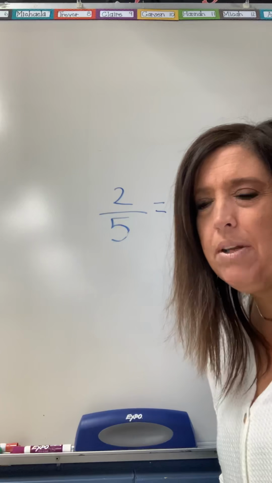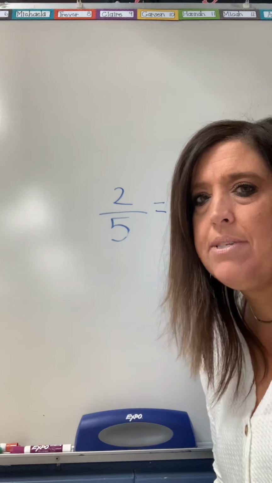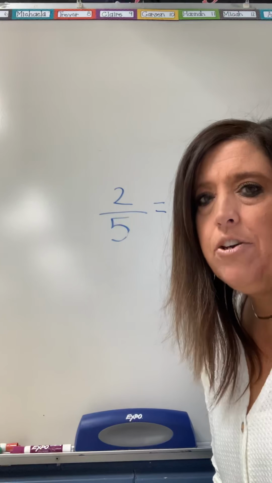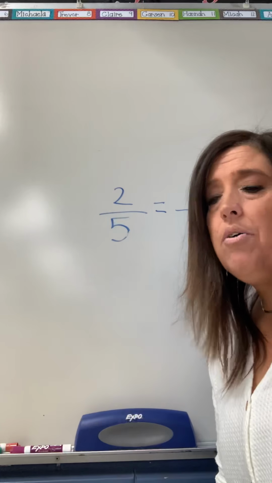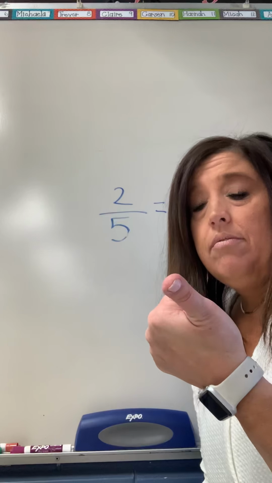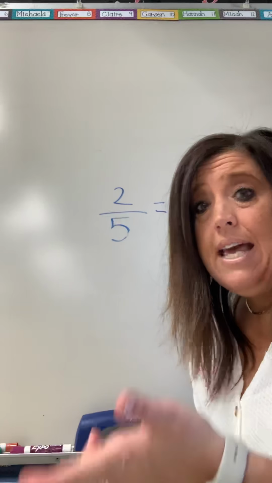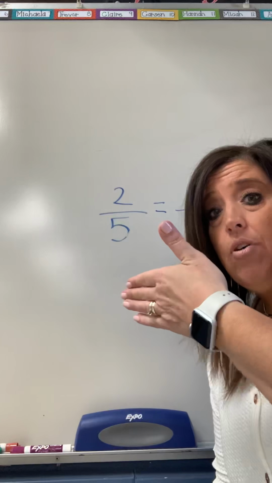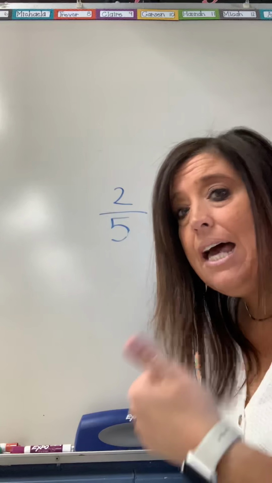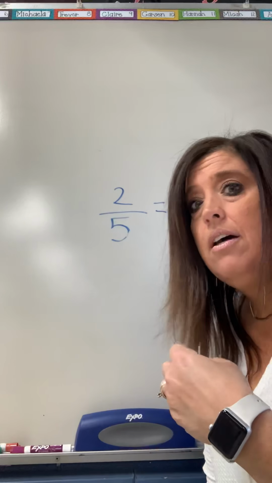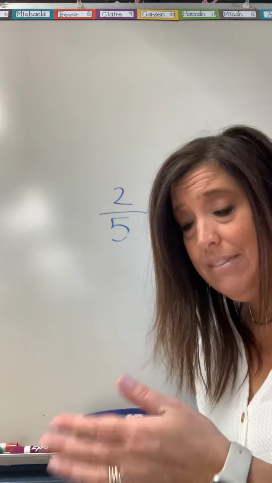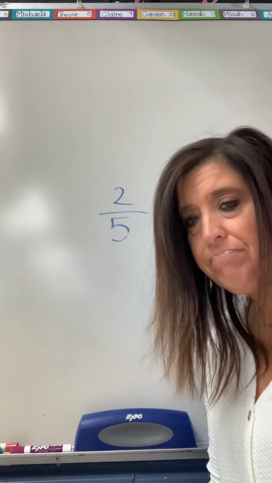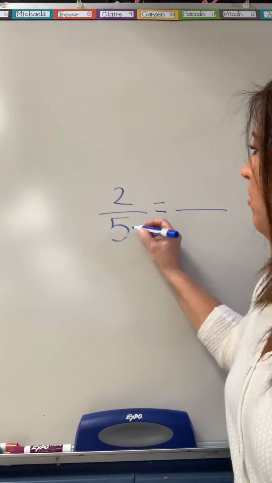I know that might be a little bit of a tricky question, but I think you'll understand what I'm saying here in a second. Think of your place value columns. We know that we have thousands, hundreds, tens, ones, and then on the other side of the decimal point, tenths, hundredths, thousandths, right?